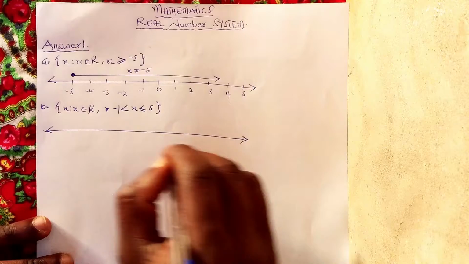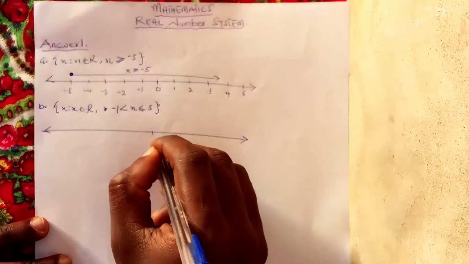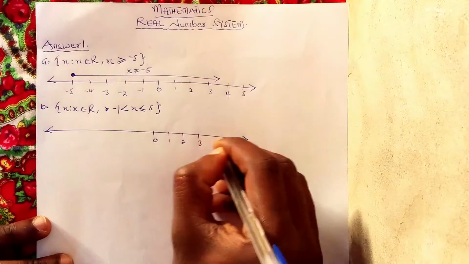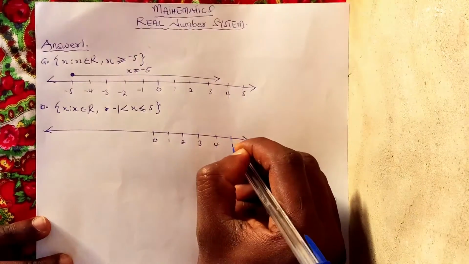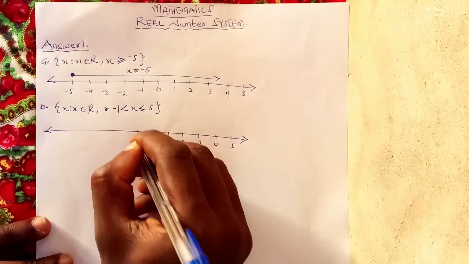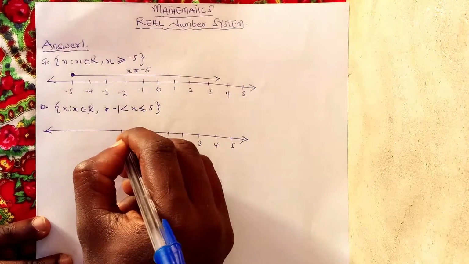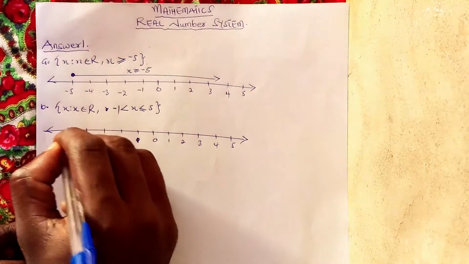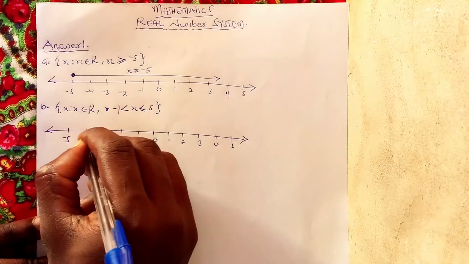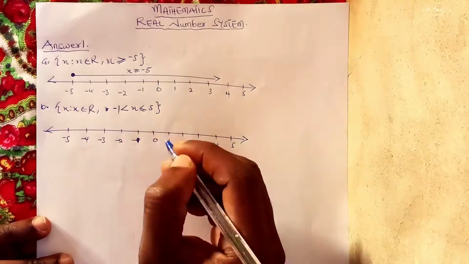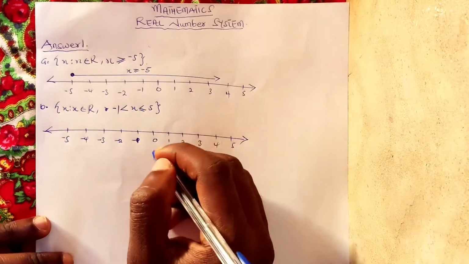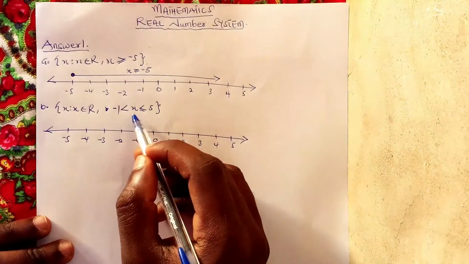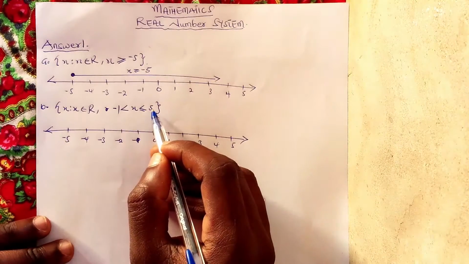We also have this: 0, 1, 2, 3, 4, and 5. Negative, negative, negative, negative, and negative. It says X is greater than minus 1 and less than or equal to 5.